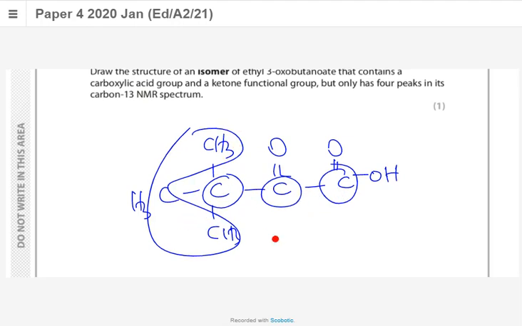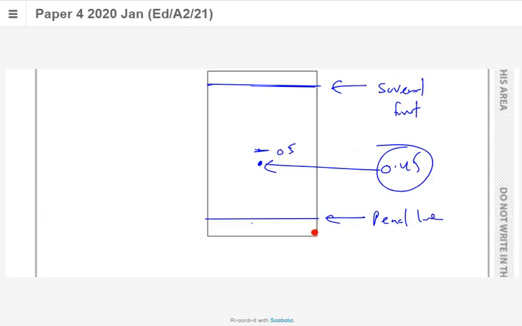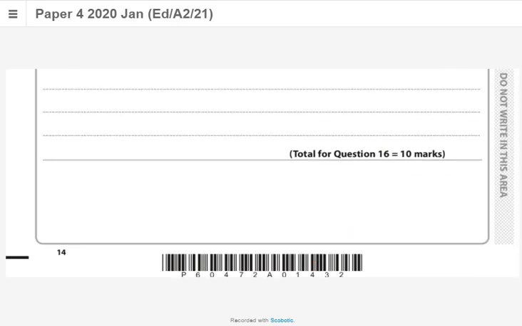With non-polar hexane and a non-polar group, the attraction is dispersion forces, which are weak. But polar groups have strong forces, permanent dipole. As dispersion force is weak, it travels less distance, because it forms only London dispersion forces with hexane. The interactions are weak. That's the reason it travels less distance.